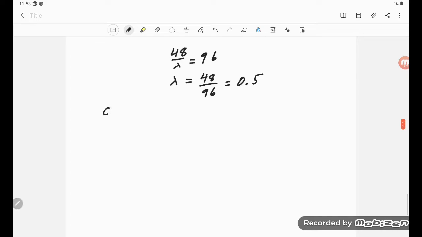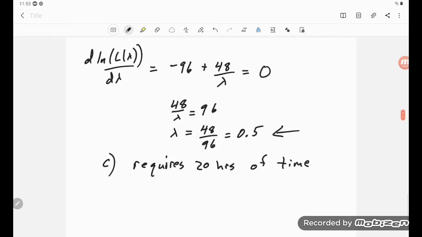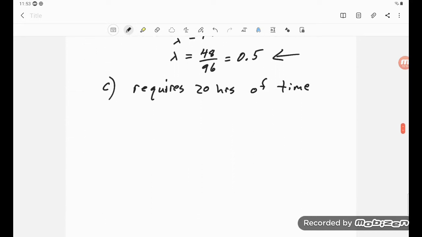And so now C, if we wish to compute C, again, it requires 20 hours of computing time. Now, what you have to remember here is that our probabilities with this lambda, what we've just fit, is the probability of how many go down in a given hour, right?